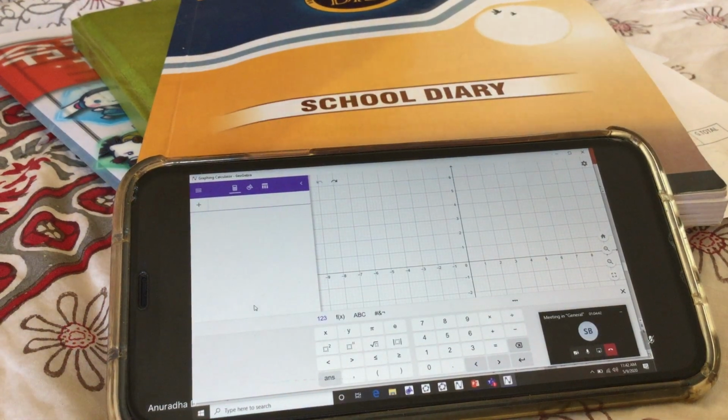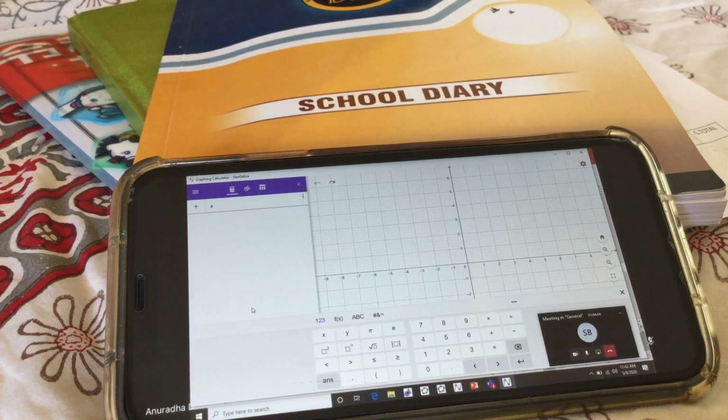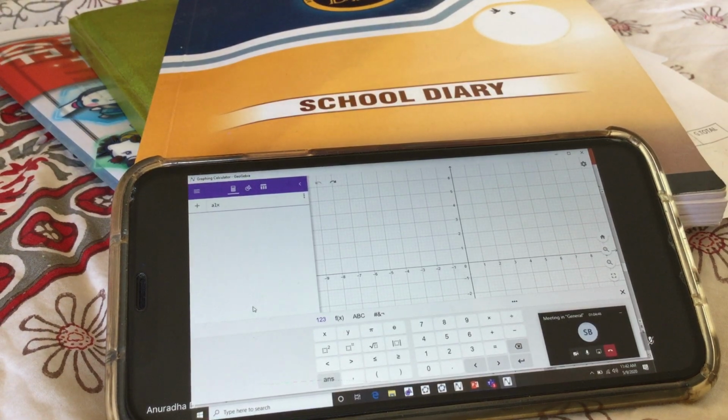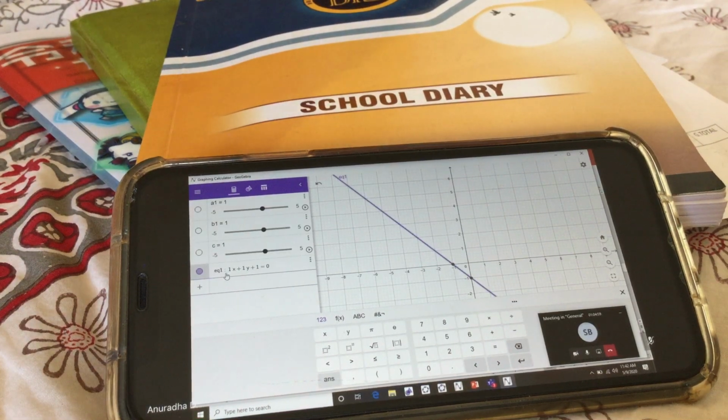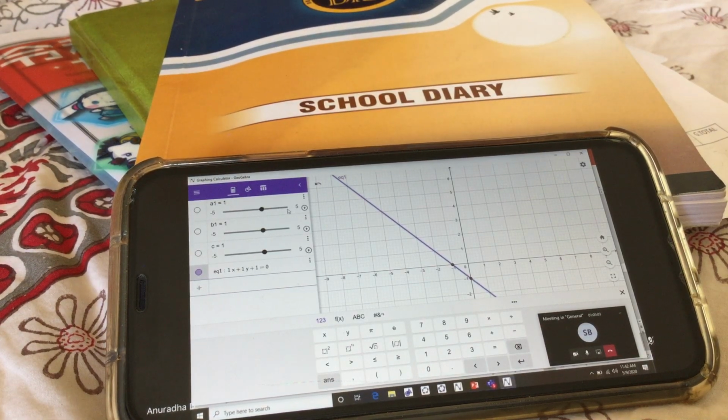When you are inputting, you can write it as, say, A1x plus B1y plus C equal to 0, and immediately as I type you can see the sliders coming.